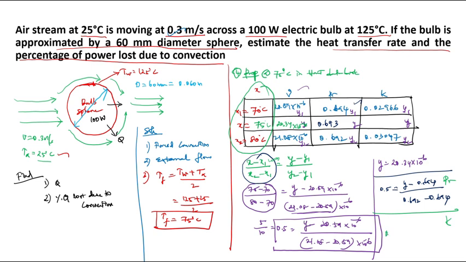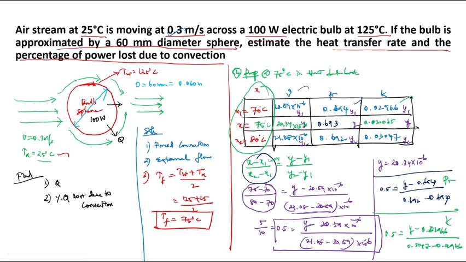So 0.5 is equal to y minus y1, here 0.02966, divided by 0.03047 minus 0.02966. After the substitution, you may get the thermal conductivity as nearly 0.03065.